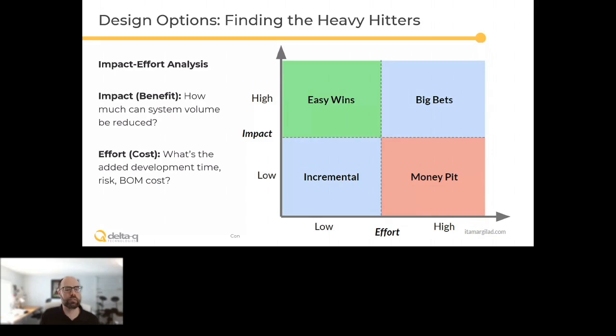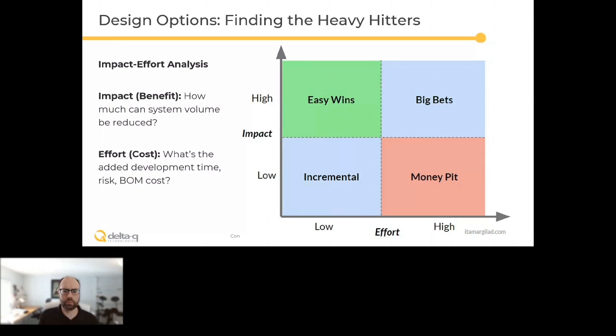Is it high impact, like you're going to cut the size of the charger in half, or is it low impact, like that 0.1%? And then on the effort side, or the cost axis, what's the added development time? What's the added technical risk? What's the added hardware cost? The BOM cost? There's different ways of looking at that cost.